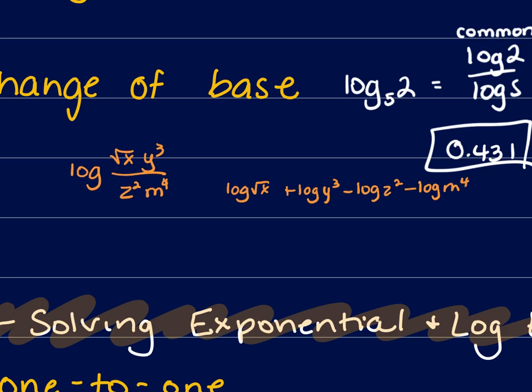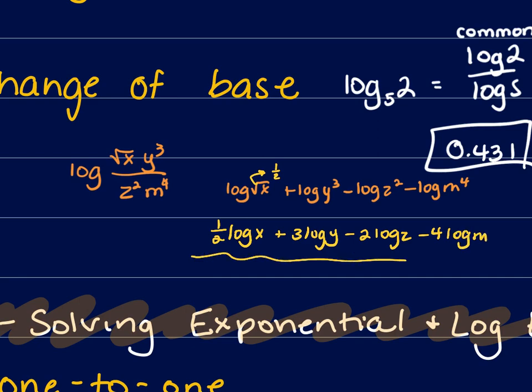And then all of those exponents get bumped to the front, but remember that a square root's the same thing as having what as its exponent? A half. So this is really x to the 1/2, which means this becomes 1/2 log of x plus 3 log of y minus 2 log of z minus 4 log of m.